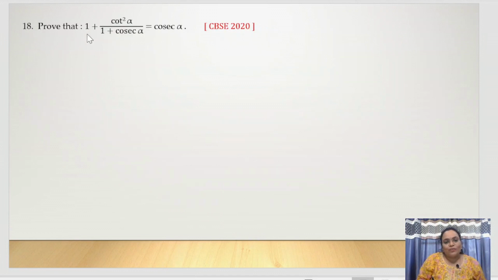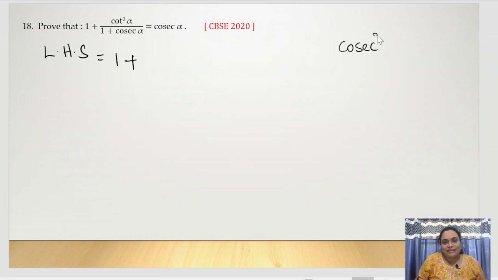Prove that 1 plus cot square alpha by 1 plus cosecant alpha is equals to cosecant alpha. So we will take LHS and we will prove it to RHS. Okay. So let us take LHS first. LHS is equals to 1 plus, if you see here, this is cot square alpha.